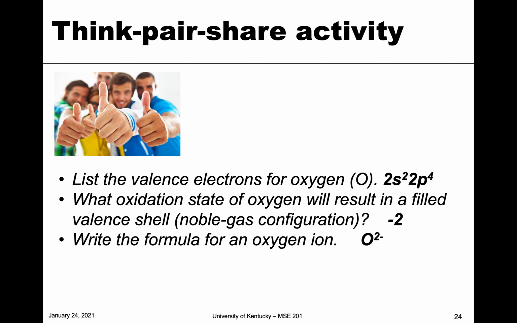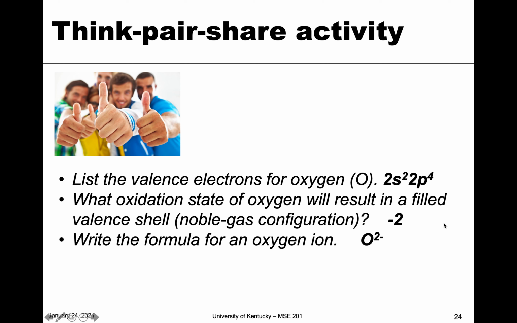If you look at this configuration, it is partially filled. To be full, we would either have to add 2 electrons to get to 2p6, and that would fill the n equals 2 shell, or we could remove 6. So either add 2 or remove 6. As you can imagine, adding 2 is much easier.